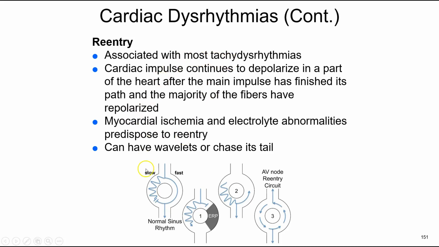A reentry circuit means at some point there was a premature beat. Now, in order to understand this, we have to go back to that electrical impulse traveling through the heart. We have an SA node, an AV node, an AV bundle or bundle of His if you're old school, and then that bundle branches.